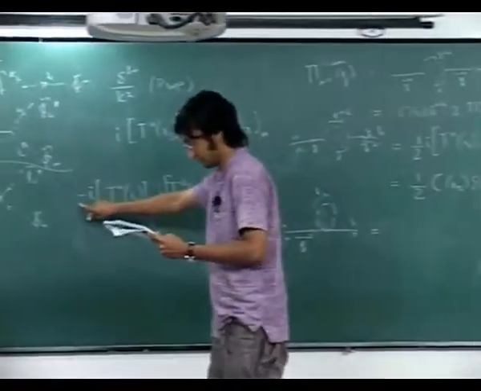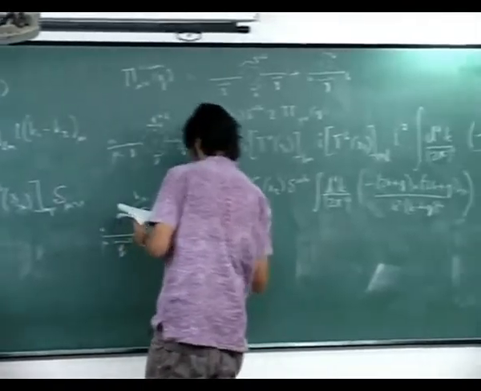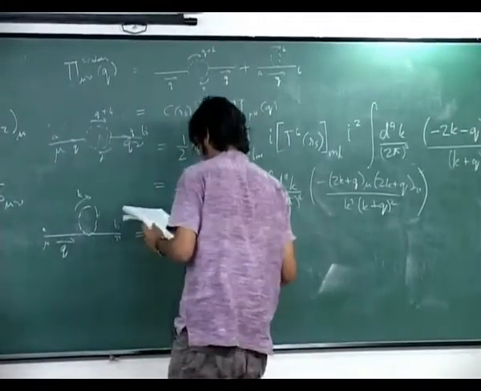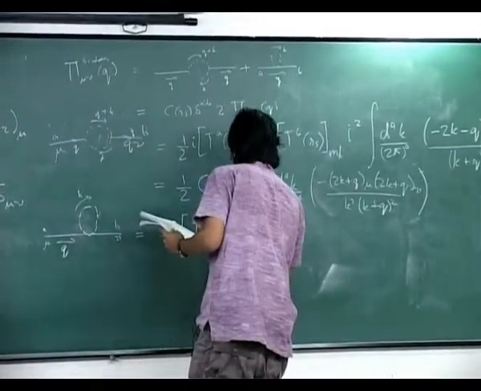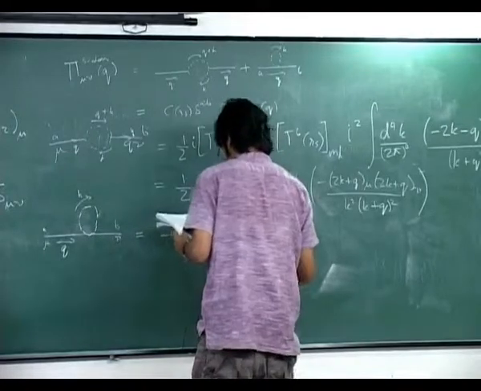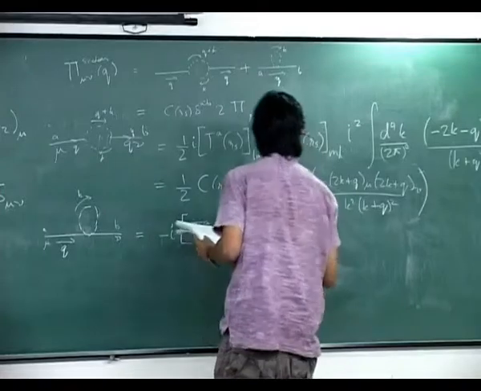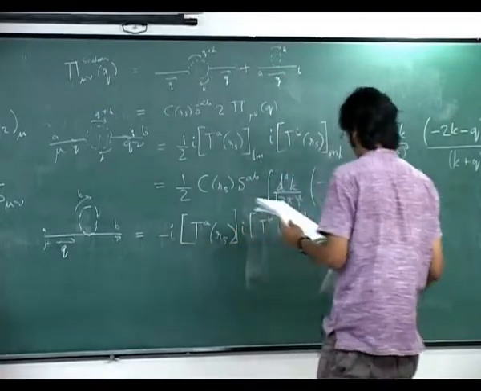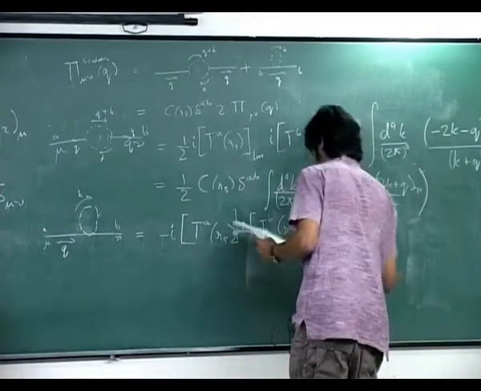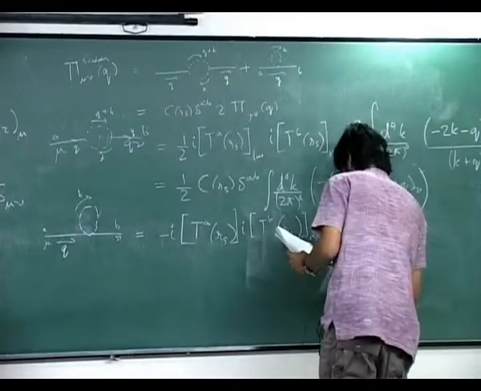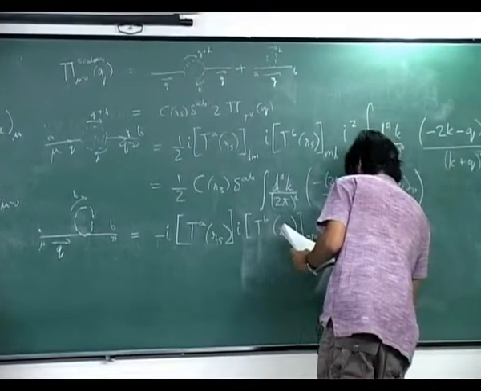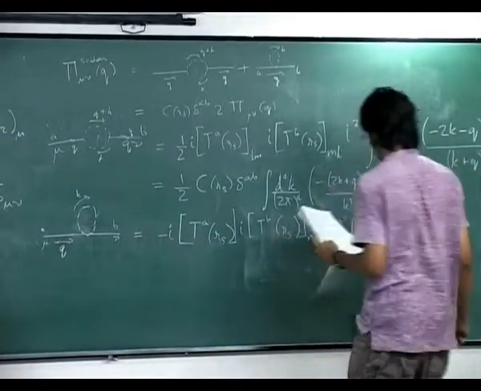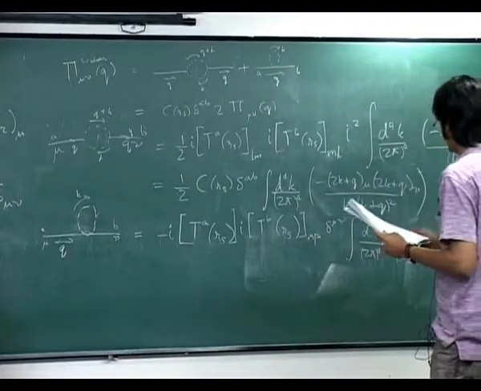So this has a factor of minus i here. So you use that. Oh yeah, d4k.